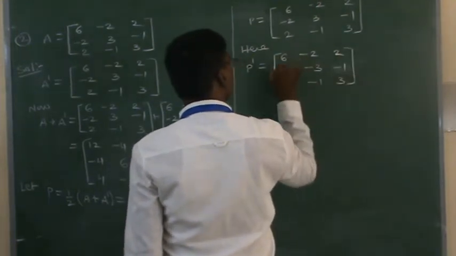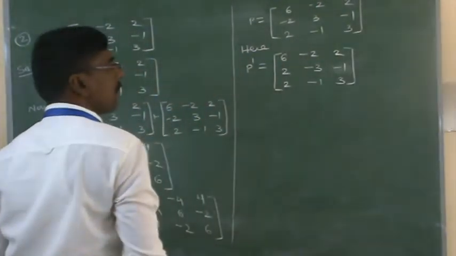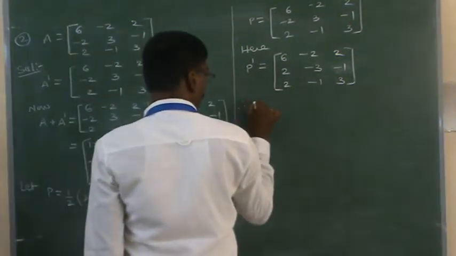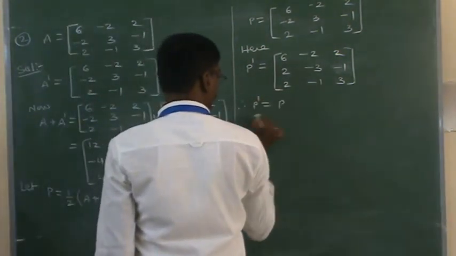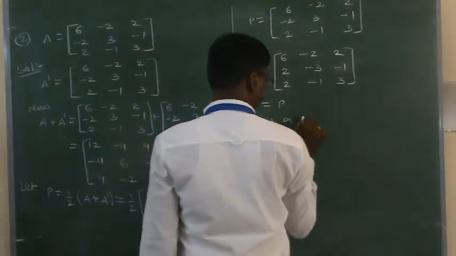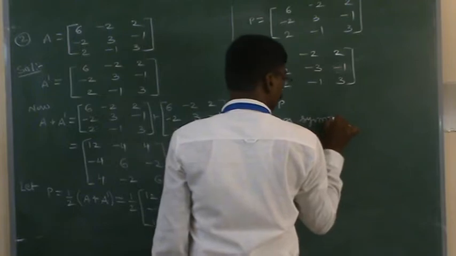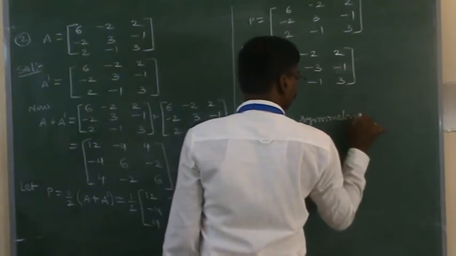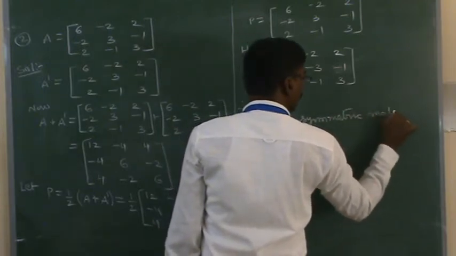So we are getting the same answer. Therefore, P transpose is equal to P. Therefore, P is a symmetric matrix.